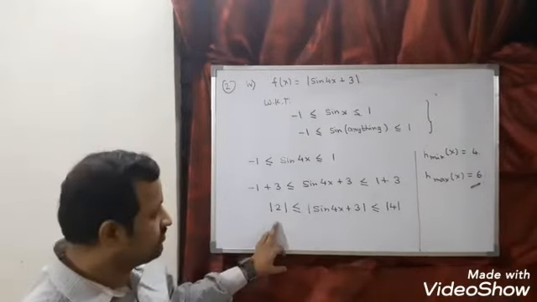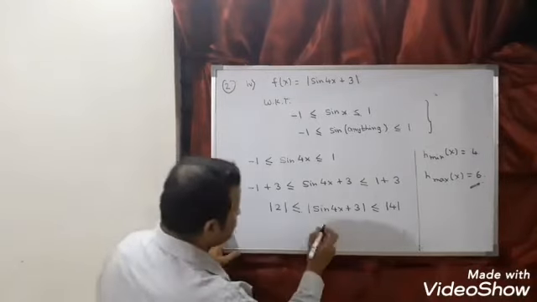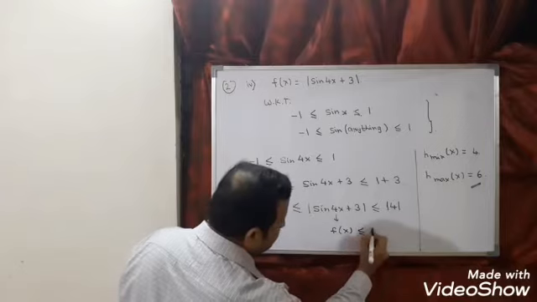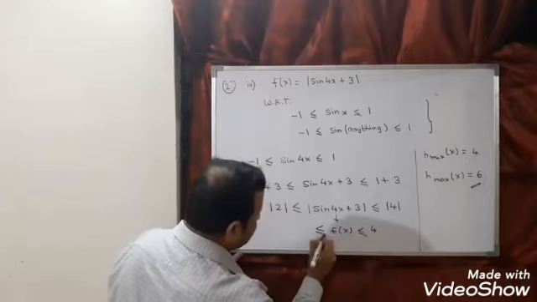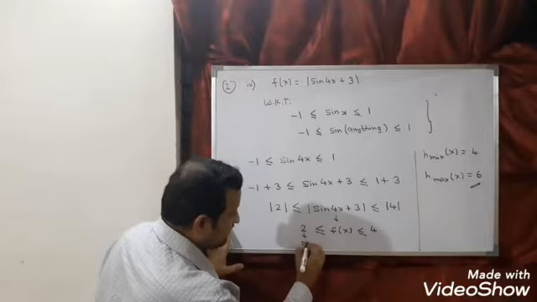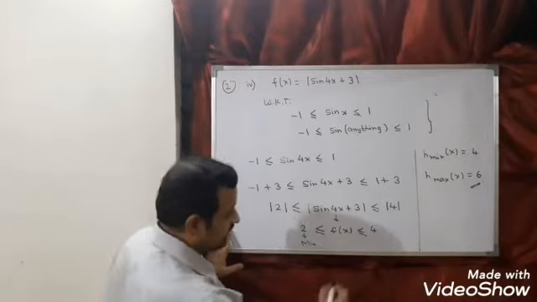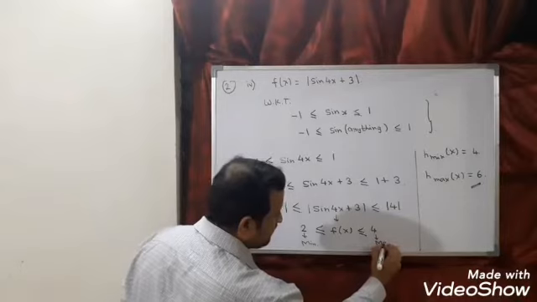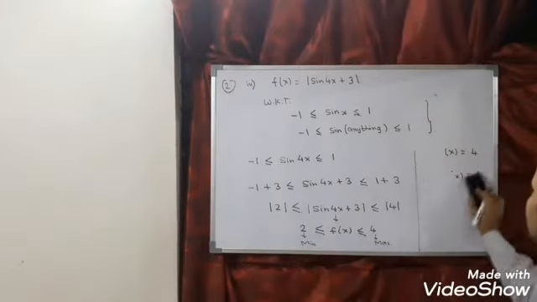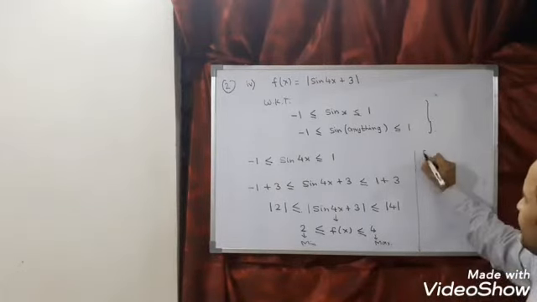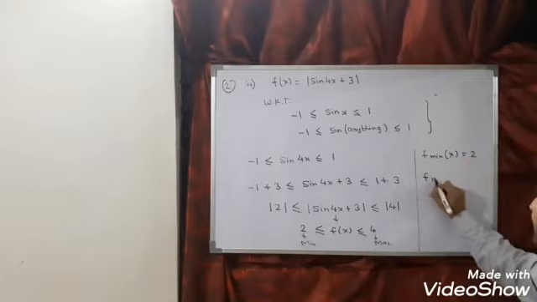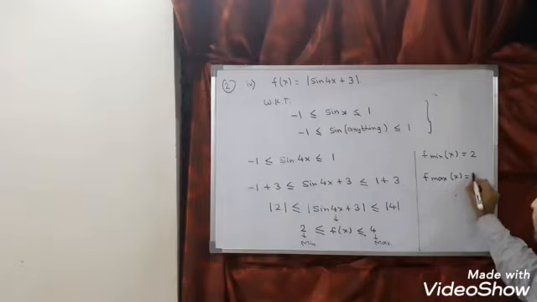What is mod of 2? 2. Mod of 4 is 4. So this is nothing but f of x. So f of x is less than or equal to 4 and greater than or equal to 2. So this is the minimum value, and this is the maximum value. So here I can say f minimum x is equal to 2 and f maximum x is equal to 4.